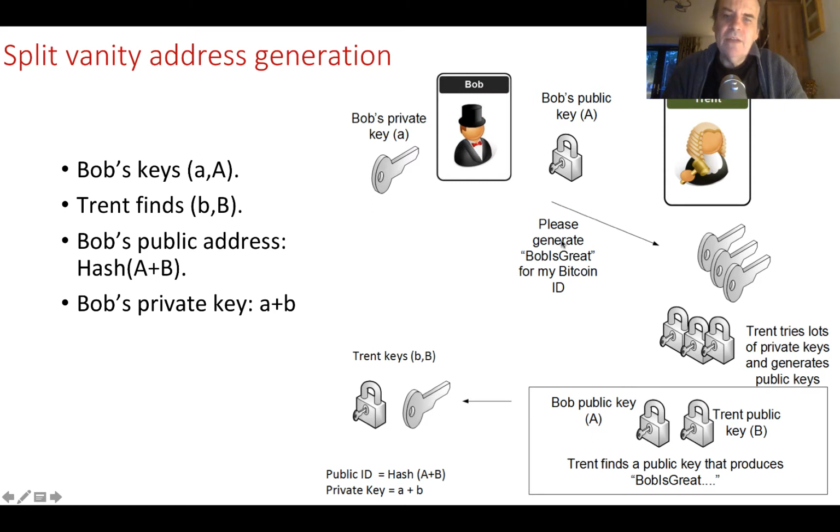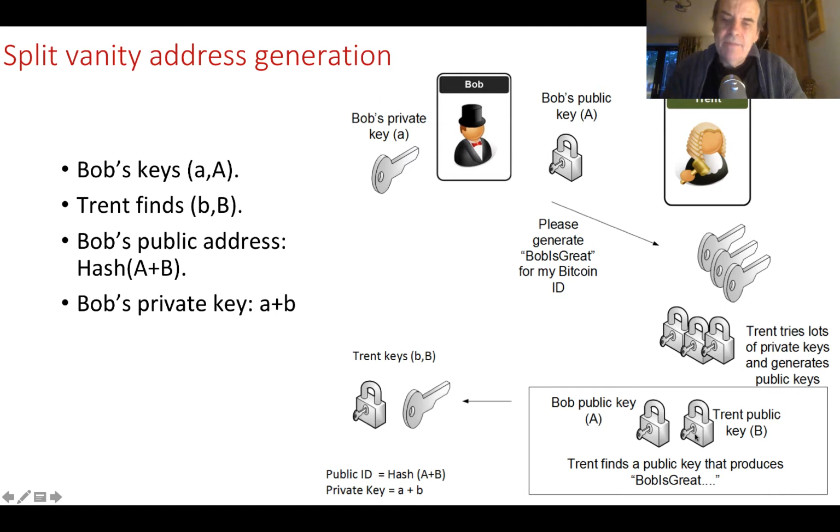He then asks for Trent to create a Bitcoin ID which has a certain text within it. So Trent goes and tries lots of different private keys to then associate them with a public key, and then adds the public key of Bob and the new public key together.